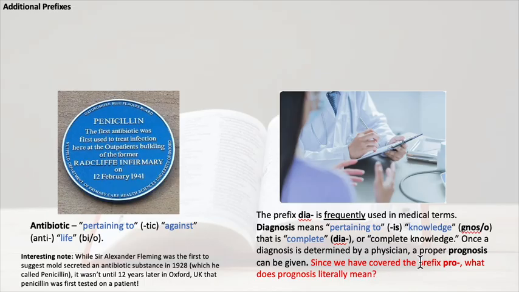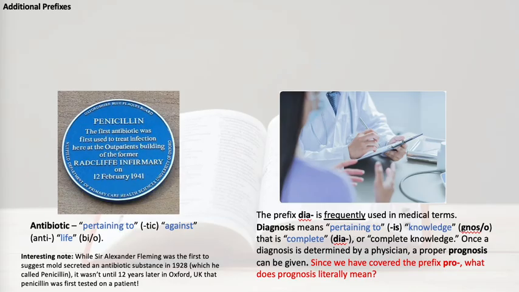Once a diagnosis is determined, a proper prognosis can be given. So, in medical context, a prognosis is the doctor's educated prediction of the likely course and outcome of the disease. If we see the diagnosis as the what is wrong right now, we can see the prognosis as the what's next.